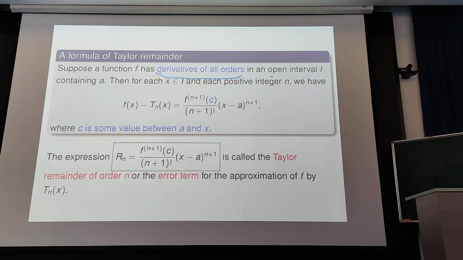For different x, we have a different value of c. So this remainder term is very important to see how good the approximation method using the Taylor polynomial is.